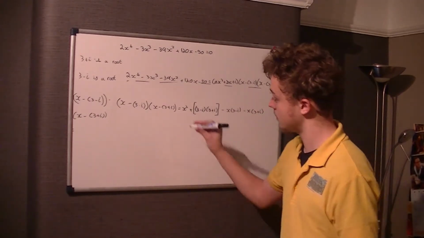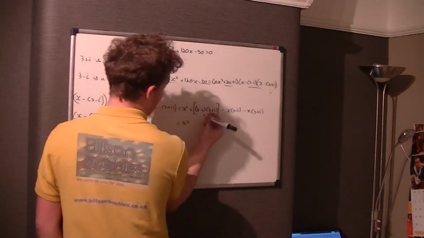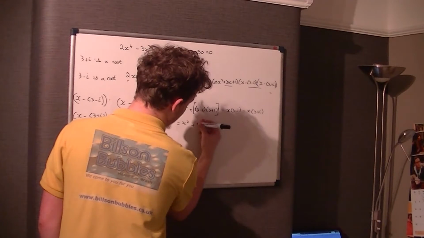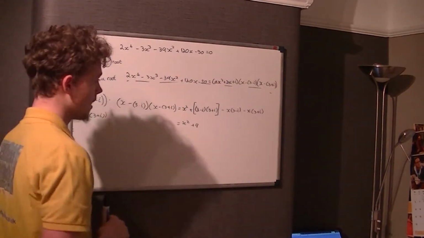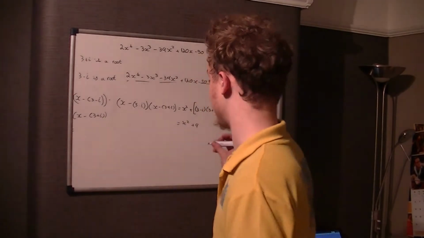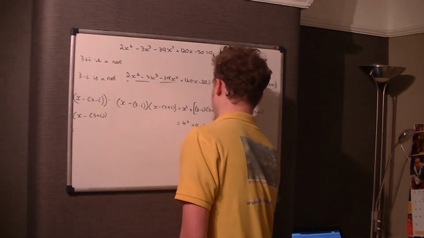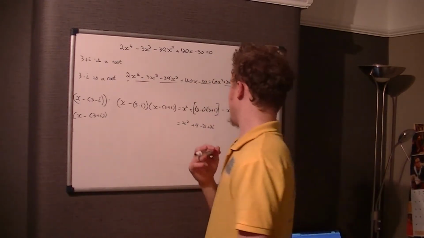Okay, next line is just a case of expanding this, so obviously the x squared doesn't do anything. 3 times 3, that's obviously plus 9. Okay, negative 3 times, 3 times negative i, negative 3i. So it's take 3i, but you're also going to have plus 3i. And then we've got negative i times i.